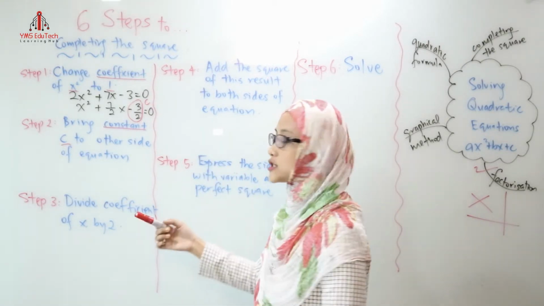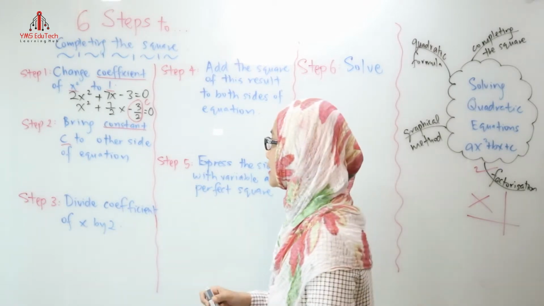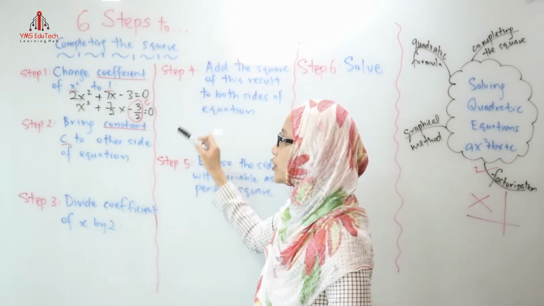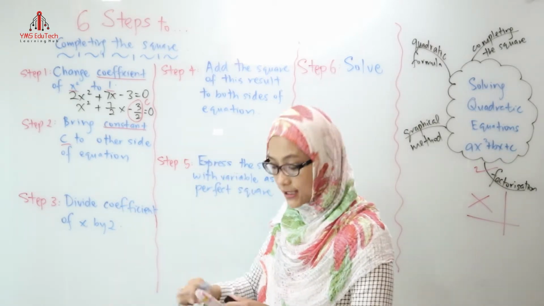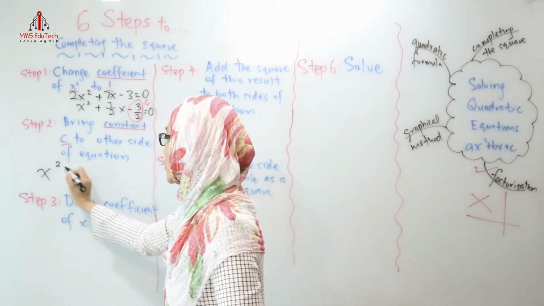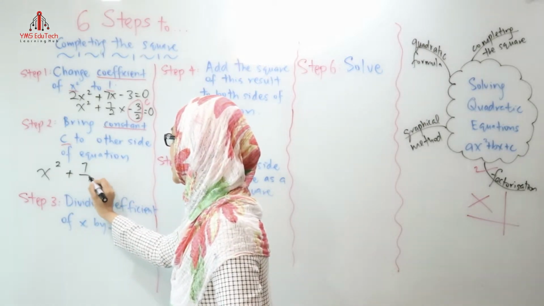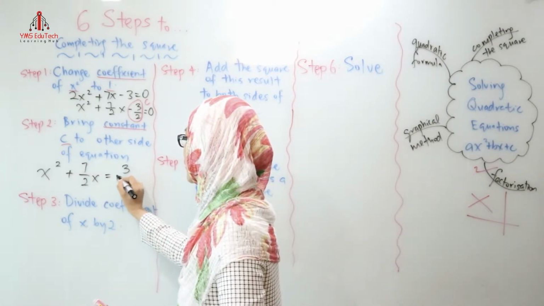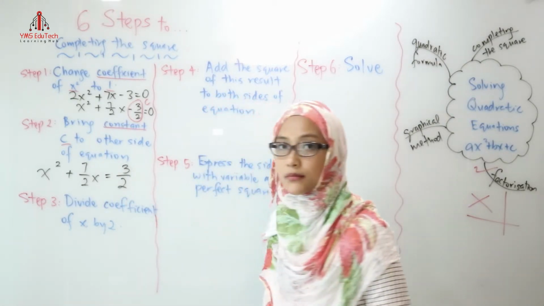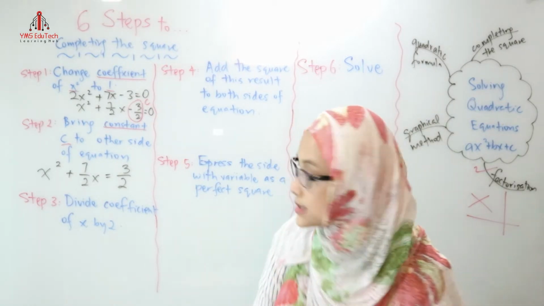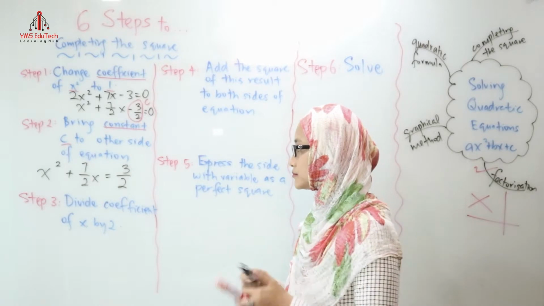We need to bring it to the other side of the equation. Over here I have negative 3 over 2. When I bring it over, I will get positive 3 over 2. So I will have x squared plus 7 over 2 x equals 3 over 2. That is step 2.